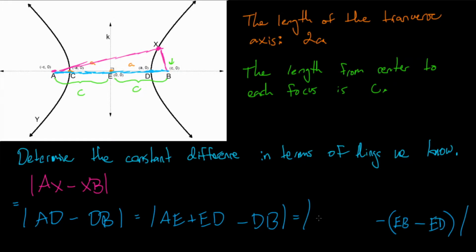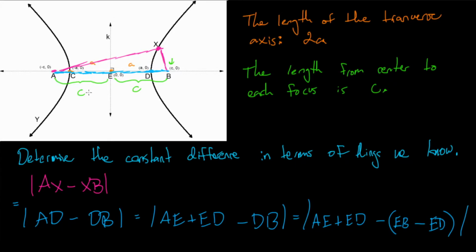Let me carry this over. We have AE plus ED. Things are going to cancel. ED minus negative ED, that's 2ED. The things that actually cancel are AE and EB.